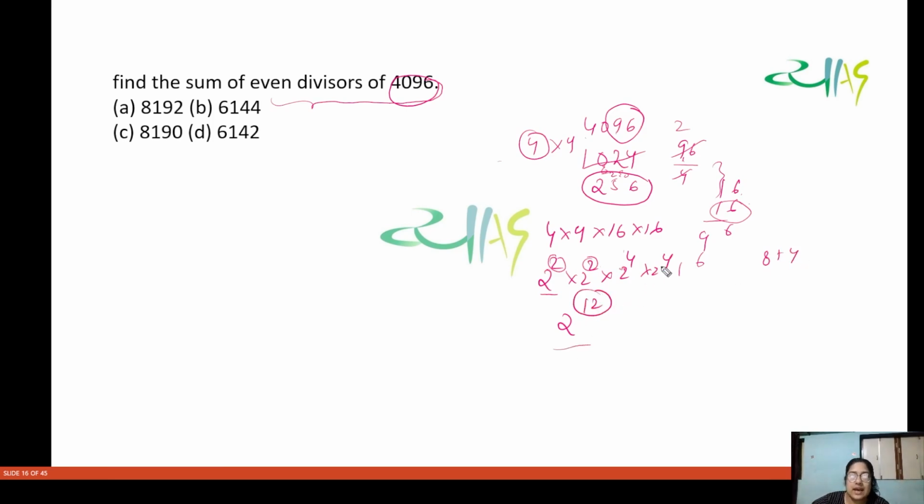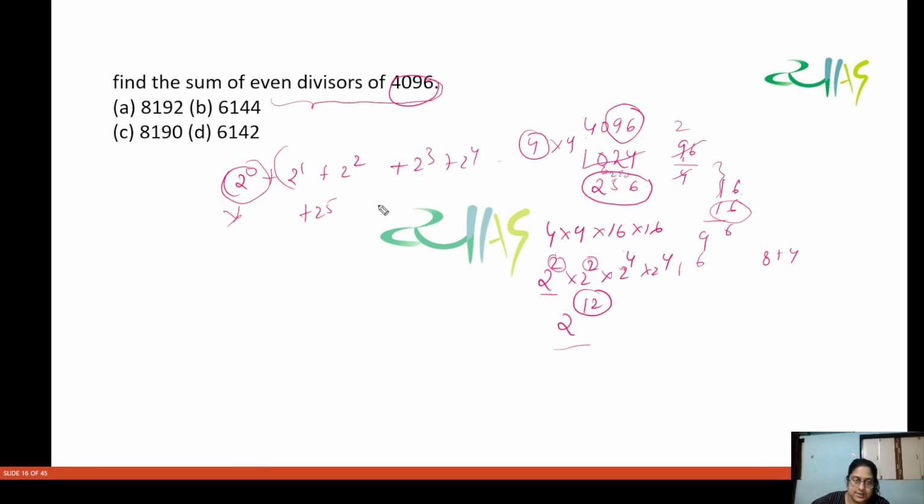Alright. Now you are asked to find the sum of even divisors of 4096. So this is a very good task for you, because this is 2 to the power 1 plus 2 to the power 2 plus 2 to the power 3 plus 2 to the power 4 plus 2 to the power 5. Okay, so you just have to remove this number and accept this.